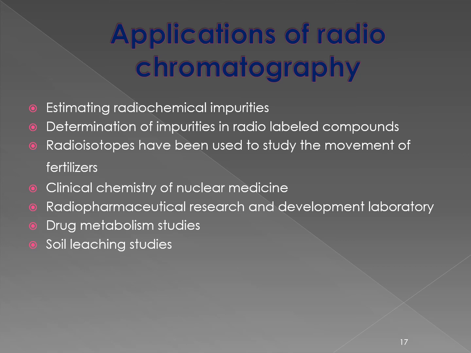Now we will discuss the applications of radiochromatography, and how it is being used in different studies and parameters to help our daily life activities. First of all, radiochromatographic techniques are used for estimating radiochemical impurities.